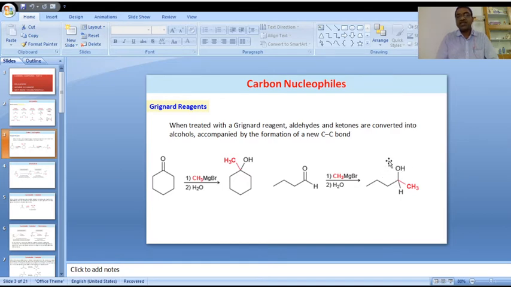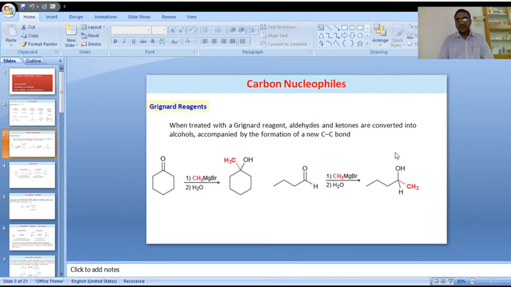In this reaction also a carbon-carbon bond is formed, as the carbonyl carbon bonds with another CH3. Here there is formation of a new carbon-carbon bond. This reaction is an example of carbon nucleophiles.